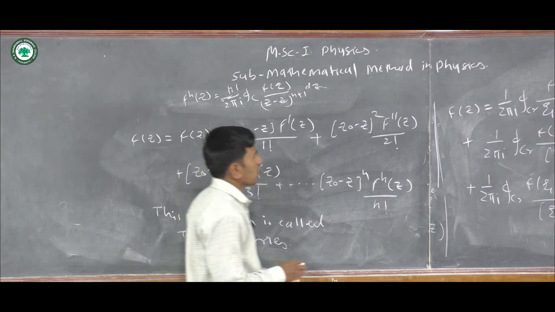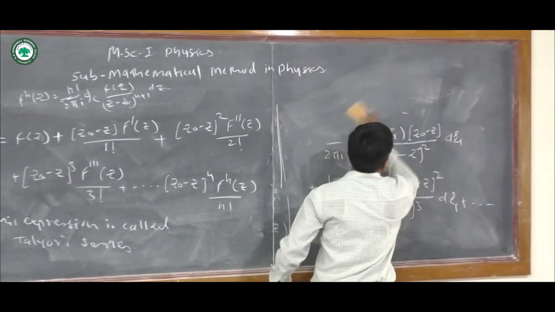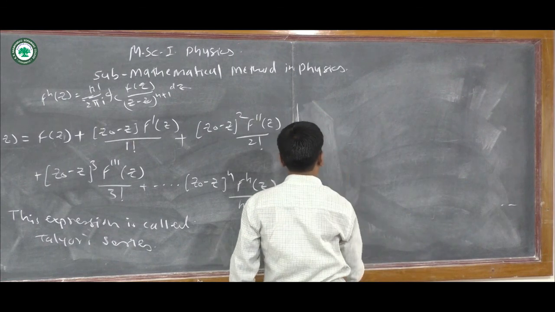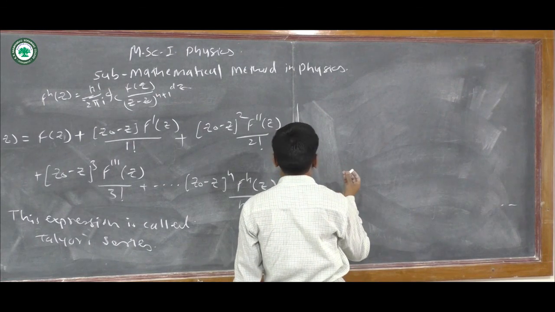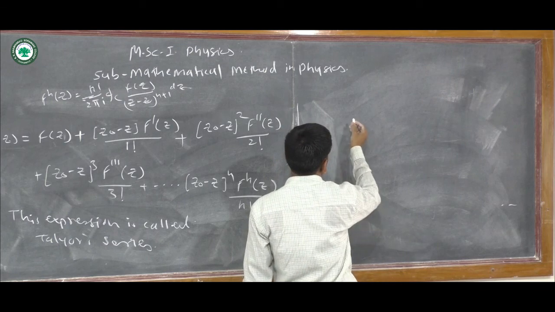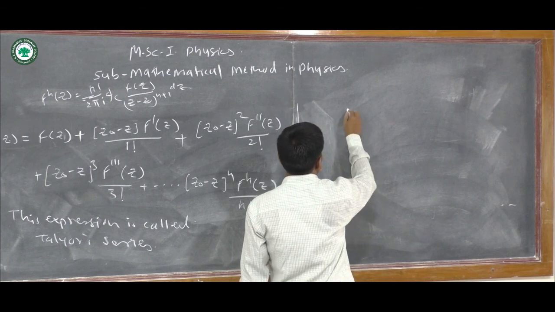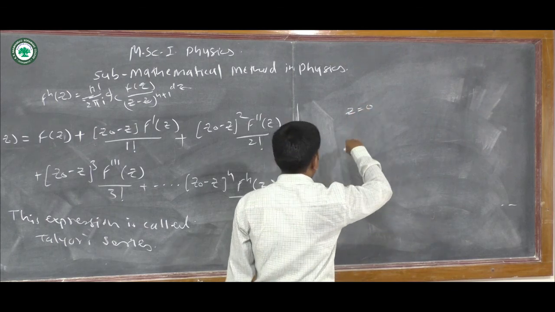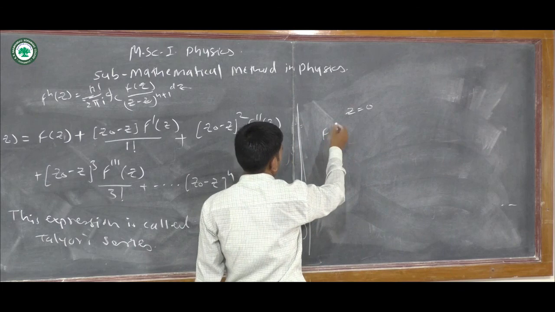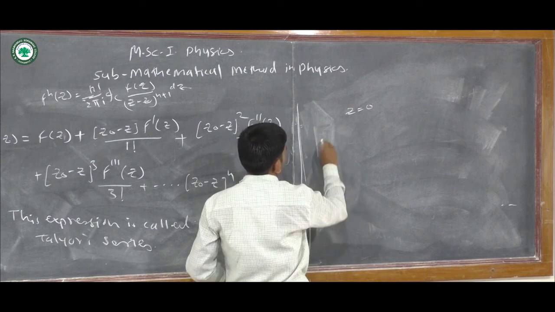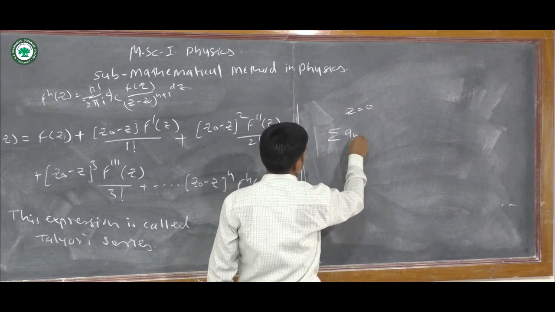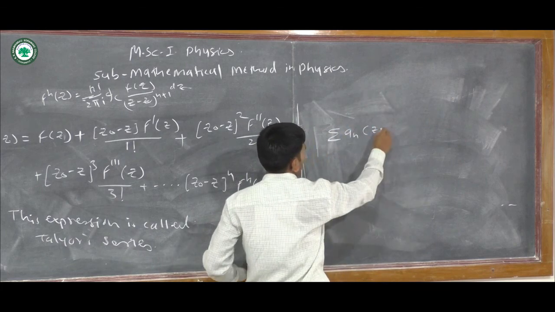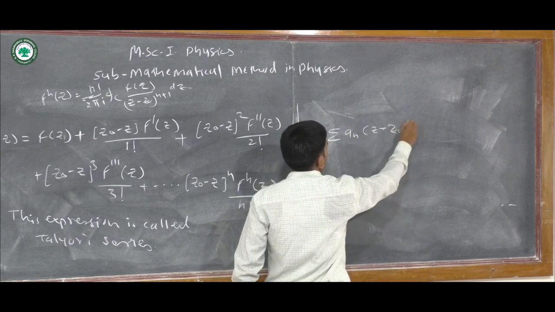Now one more concept related to this Taylor series, that is the Maclaurin series. In the Maclaurin series, we consider z0 equal to 0. For the power series I considered the summation of a n (z minus z0) power n.